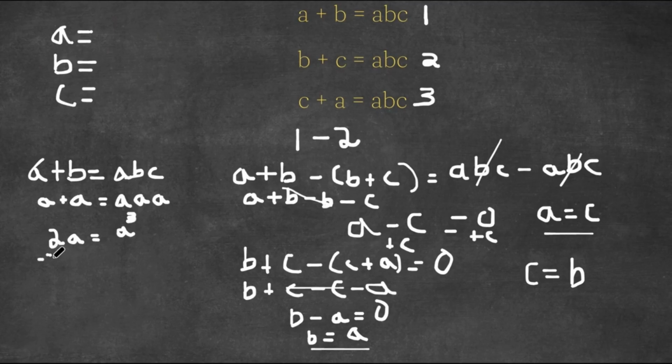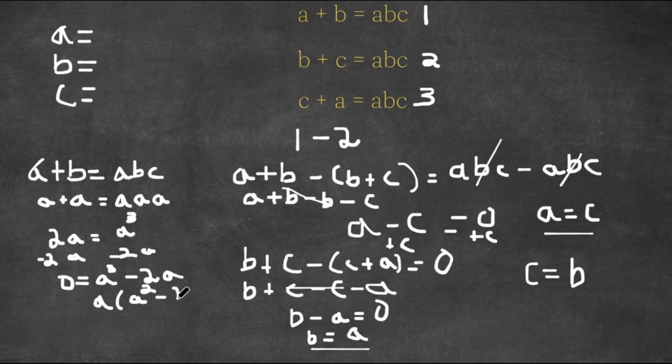If we subtract 2a on both sides, we get 0 is equal to a to the power of 3 minus 2a. Now if we factor out a, we get a times a squared minus 2 equals 0.